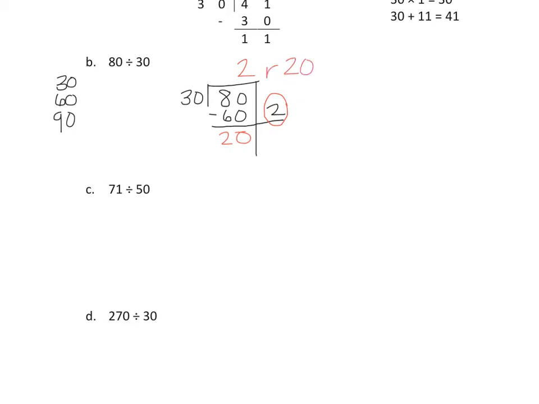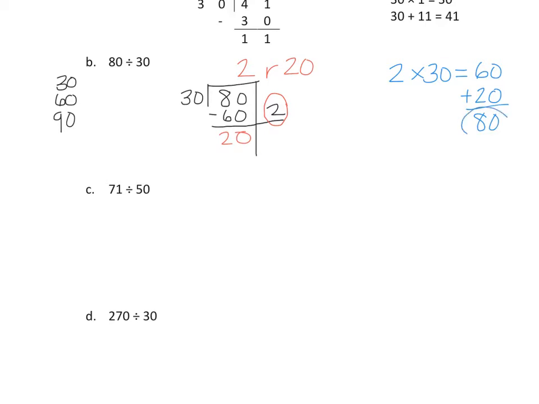Now here's where we check our work. We take first our quotient, which is 2, and we're going to multiply it by the divisor. So 2 times 30, that should be 60. And now we're going to take the 60 and add our remainder, whatever is left over, and 60 plus 20 is 80.